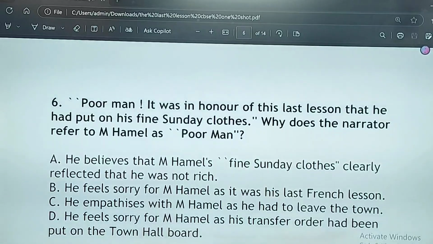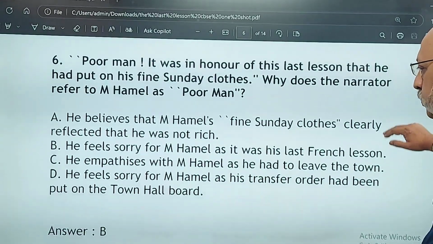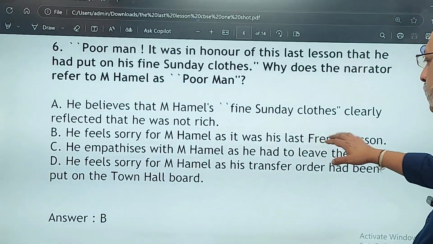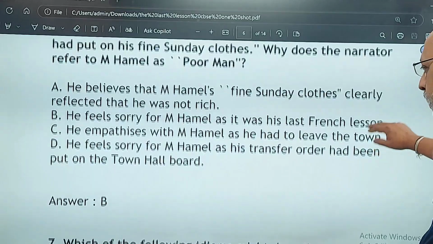So I'm giving you 10 seconds to read every question with all the four options. You choose that and then I will tell you the answer. Right? I hope you have gone through that. The correct option is B, that he feels sorry for Hamel, that it was his last French class.